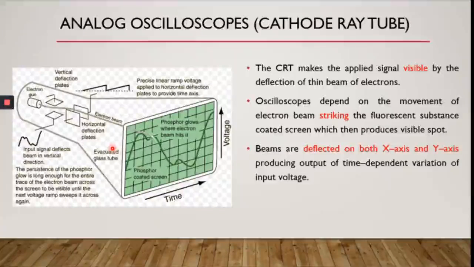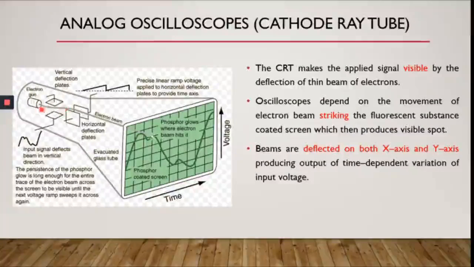All right, and then you have the components here: the electron gun, and then you have the deflection plates, and you connect the input you want to measure. You are going to connect it to the vertical deflection plate, and it's going to determine the movement of the electron beam.